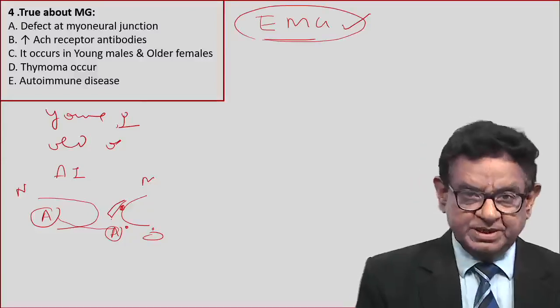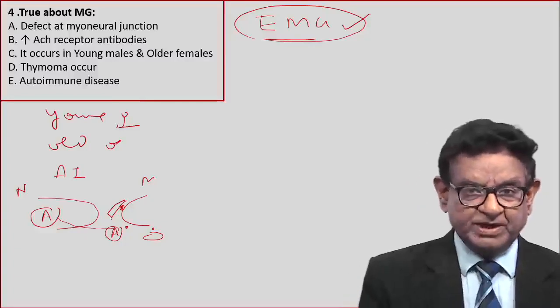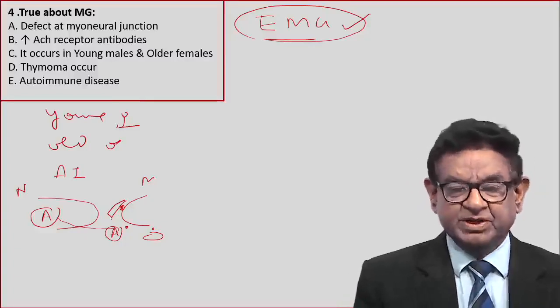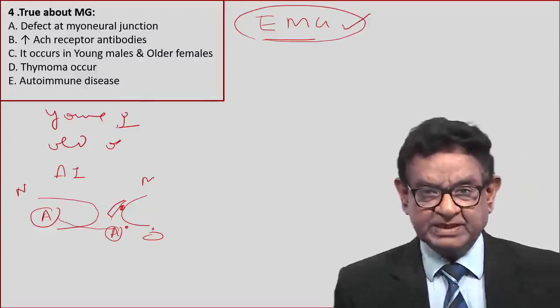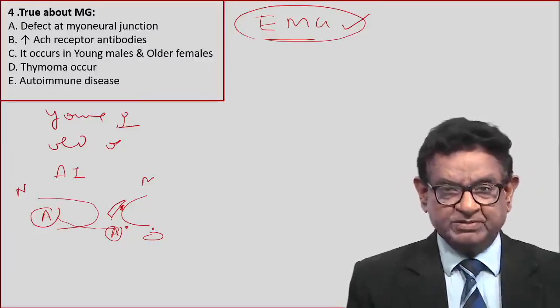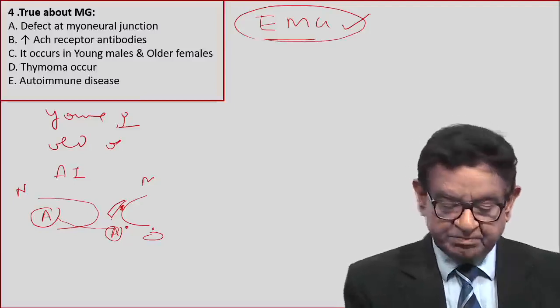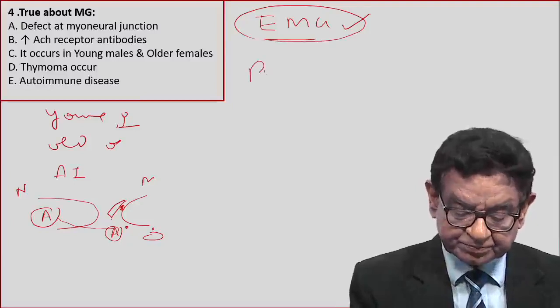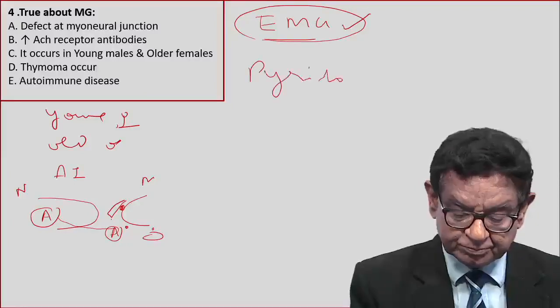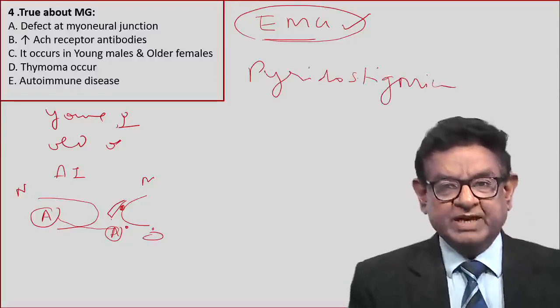Okay. In the treatment of acute myasthenia gravis, we can use steroids or plasmapheresis, which will remove the acetylcholine receptor antibodies. But otherwise, for a routine case of myasthenia gravis, we can give an anticholinesterase drug like pyridostigmine. What is the role of thymectomy?